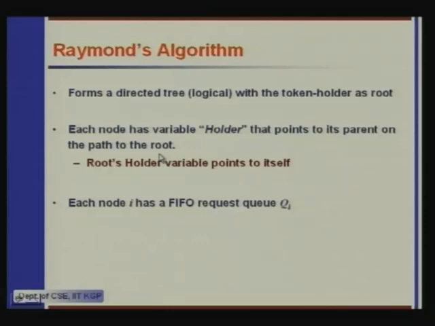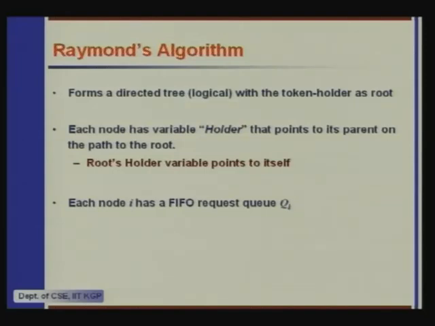And the root's holder variable points to itself, because it has out degree 0. So, the root's holder variable points to itself, right. Each node i has a FIFO request queue Qi.